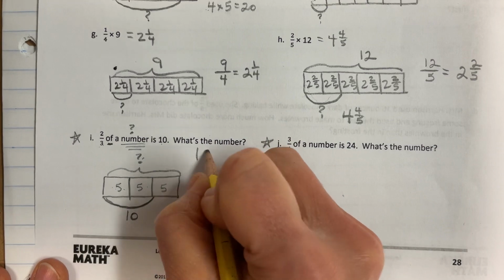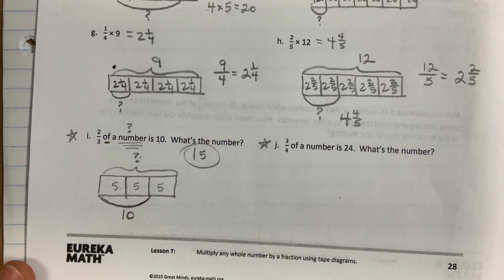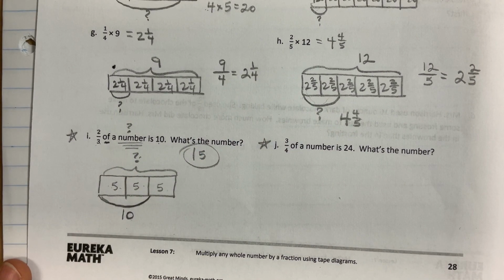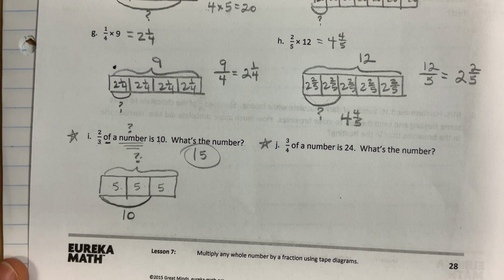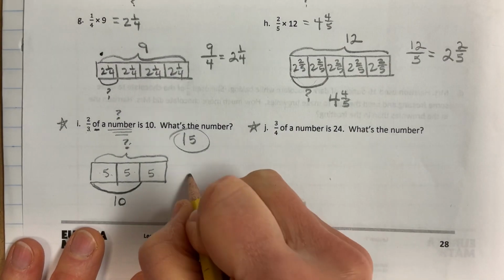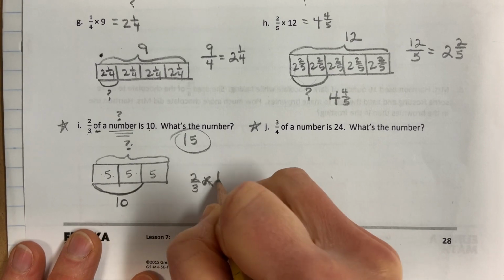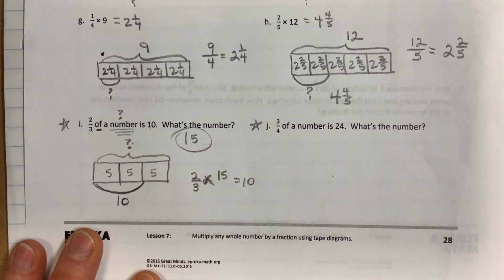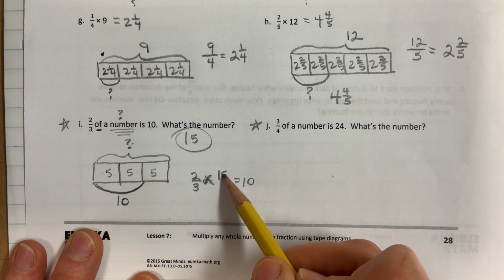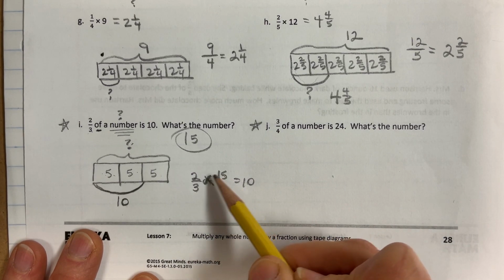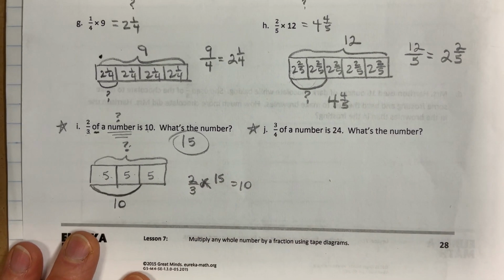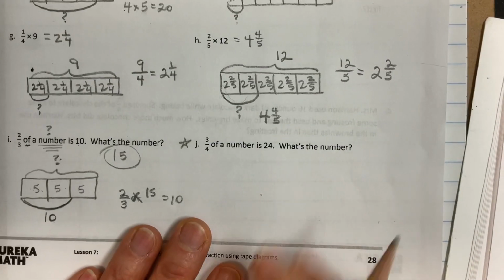The number is 15. That's the total. 2/3 of 15 is 10. Now look what I just said. 2/3 of 15 or times 15 is 10. Remember my mental math? 3 divides into 15 5 times, and 5 times 2 is 10. Works out. Okay, let's look at this other one.